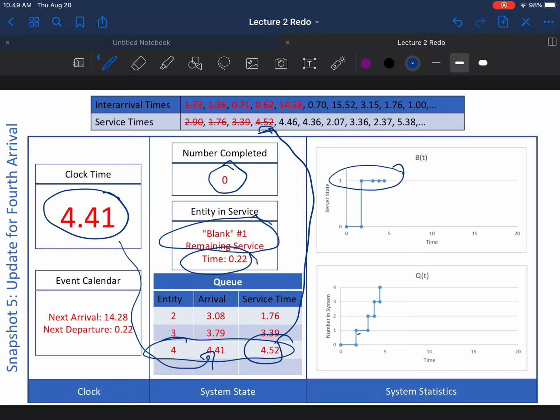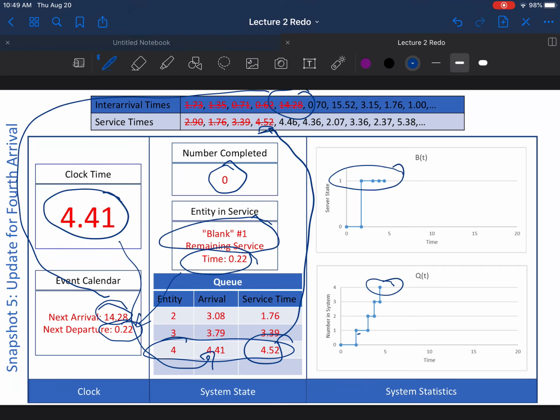That should be a bit before the 5. And now we have 4 parts in system. We have the 3 in the queue, and we have the 1 blank still in service. We update our next arrival time to 14.21, and we decrement our next departure time to 0.22 because that's the remaining service for blank number 1.